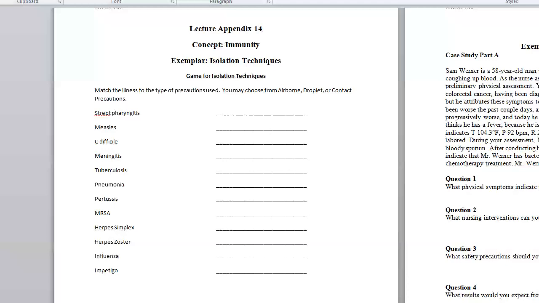Very appropriate as well to look at the stages of the infectious process, where we talk about the incubation period, the prodromal stage, the illness stage, and the convalescent stage. So make sure you go through that, and then look at what the complications of some of these infectious diseases may be.